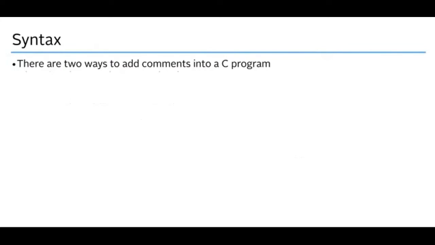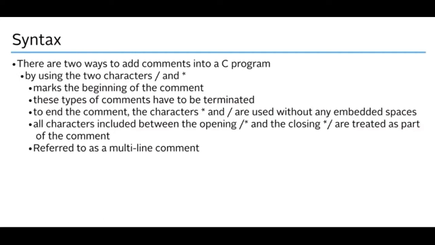There are two ways you can provide comments in your code. And again, this is very similar to Java, very similar to many languages. But in C, you can either have multi-line comments or single line comments. If you use two characters, the forward slash followed by the asterisk, this will signify a multi-line comment, a comment that spans many lines. The forward slash star marks the beginning of that comment.